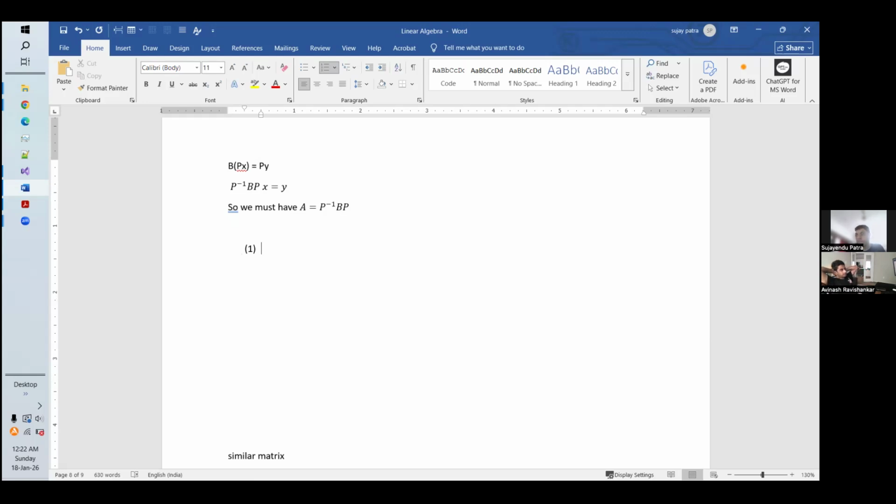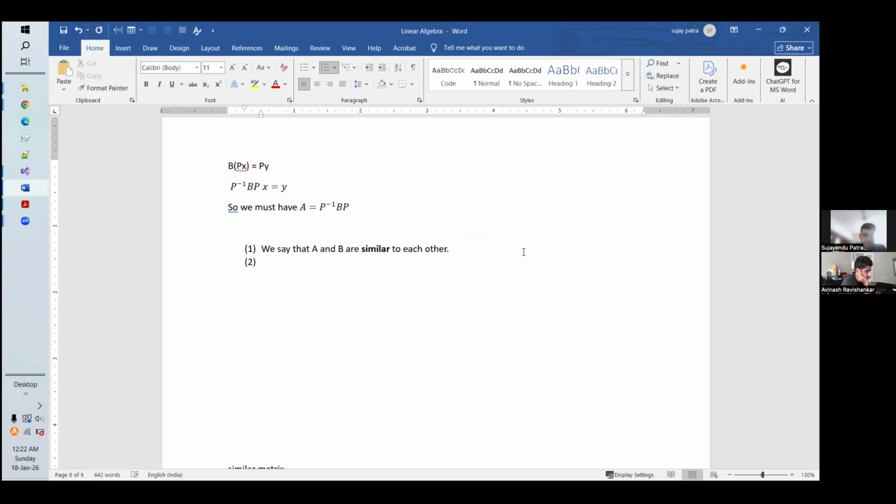So we say that A and B are similar to each other. Similar is a technical term here, not the English word. So whenever you see the concept that a matrix is similar to another matrix, this is what people mean.